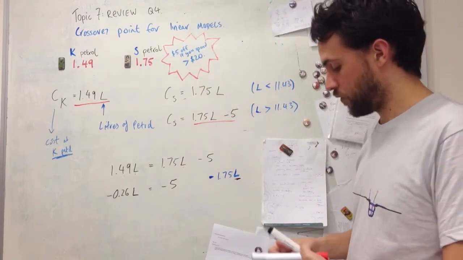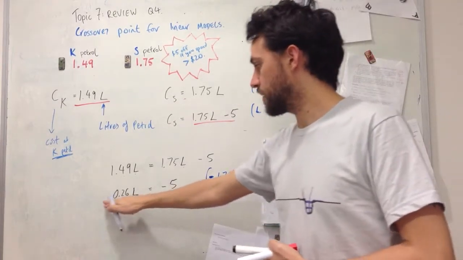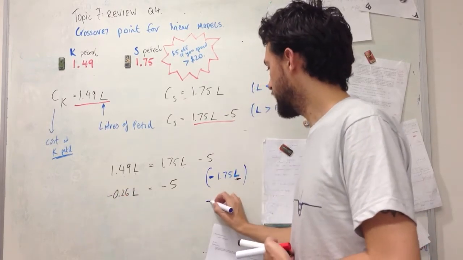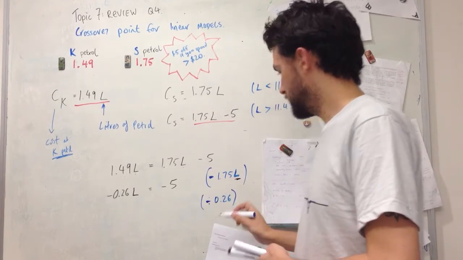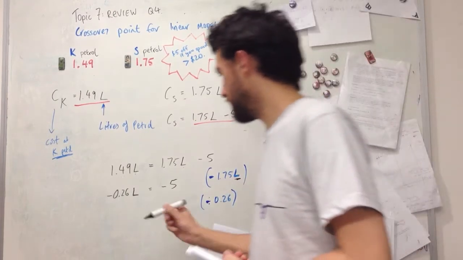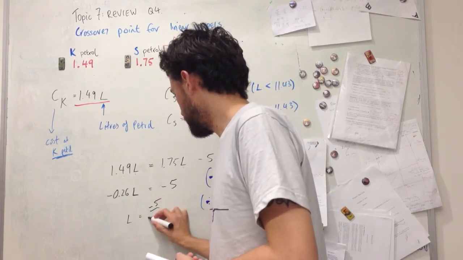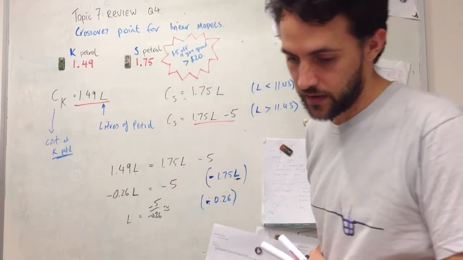And then in order to get L by itself, since I'm multiplying negative 0.26 times L, I need to divide by negative 0.26, and then that will give me L equals negative 5 over negative 0.26, which is approximately 19.23.